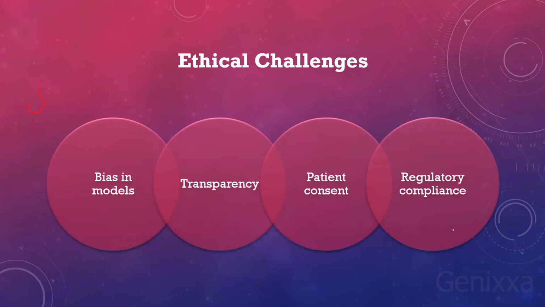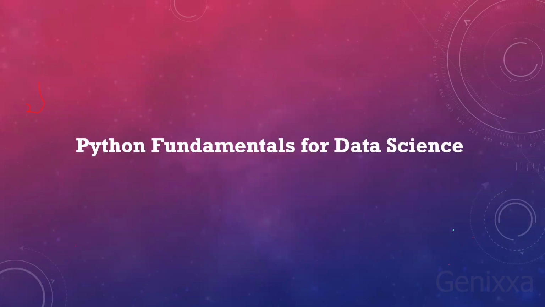Patient consent is always required for carrying out any kind of data analysis further on real-time information. And similarly, there are regulatory compliances also that you may have to be aware of. So that was all about the data science fundamentals that you need to know for this particular course, or in general for conducting any of your research applications in the area.